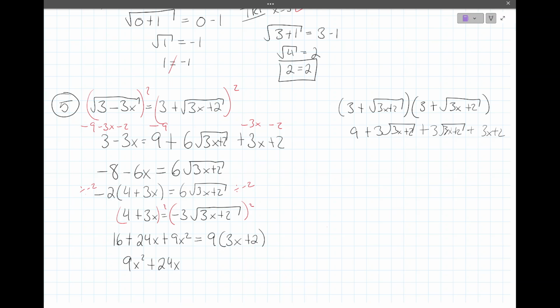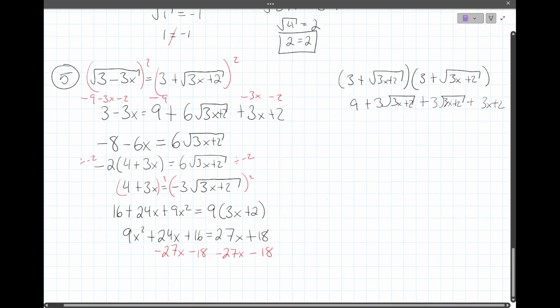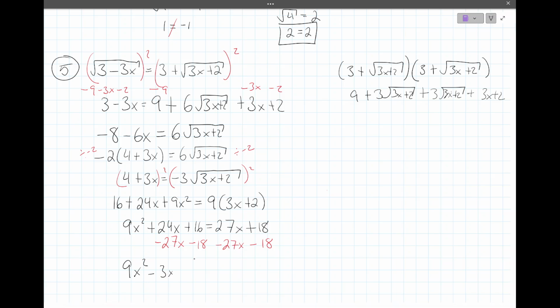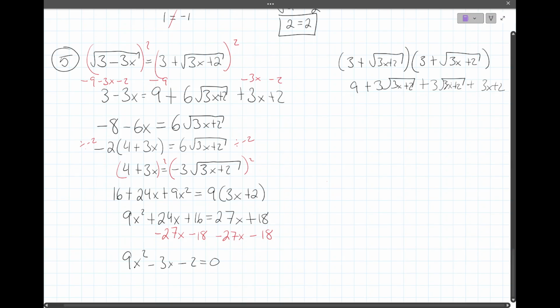So 9x squared plus 24x plus 16 equals 27x plus 18. Let's get everything over to one side to solve it. I know we didn't do a whole lot of solving for polynomials, but we're just mostly going to treat it as factoring and finding the value after factoring. Okay, and so what we're ultimately going to get is 9x squared minus 3x minus 2 equals 0, right? That's it.